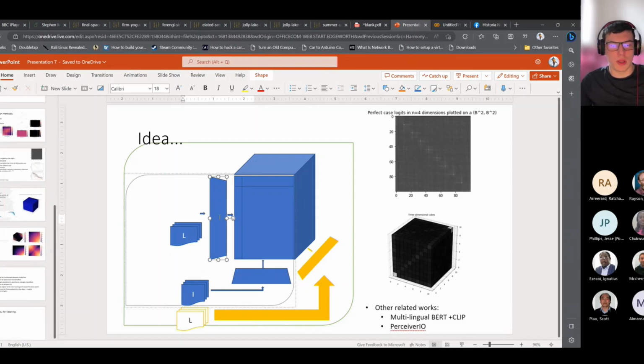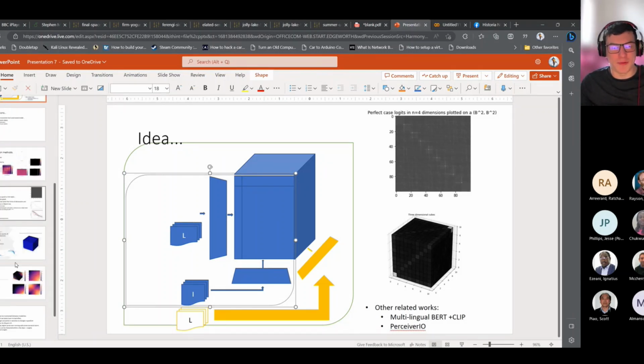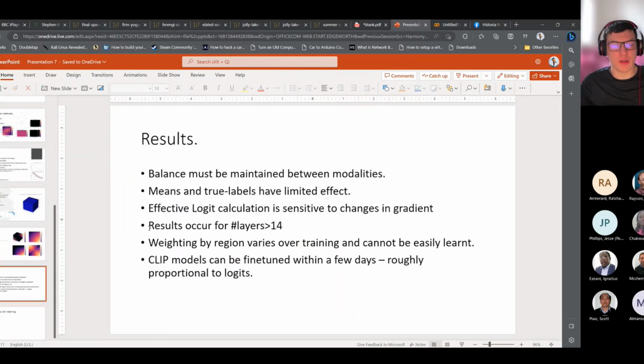So if I do not balance these at all and just take the mean of the gradient and then apply it back equally to all encoders, I get a problem where the language learns significantly faster because it has more data, and that's actually quite harmful for the image gradients. So I've had to, in places, artificially adjust that balance by sort of saying, look, you take 1/5 of this gradient, you take the remaining 4/5.